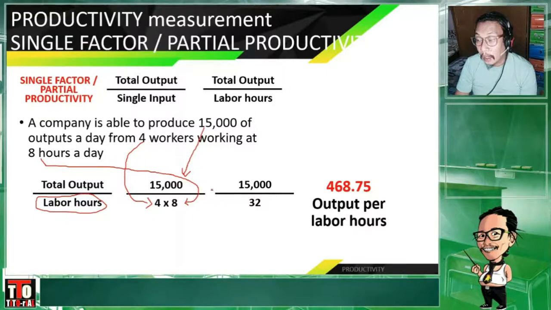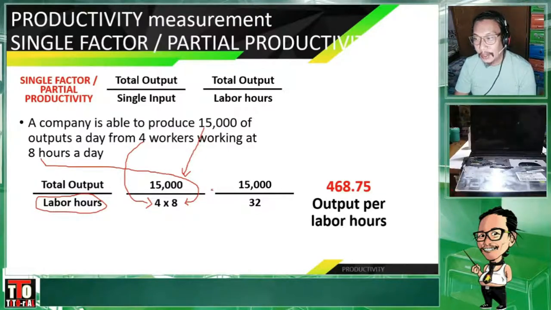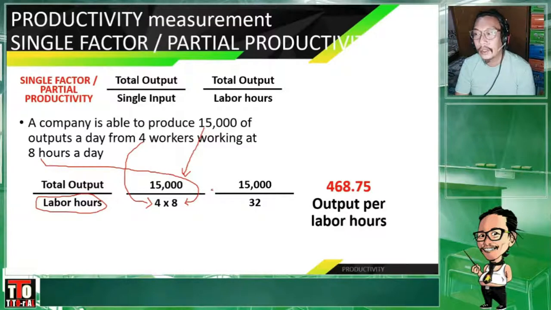Baka mamaya, almost buo yung laptop, walang screen o kaya walang keyboard kung 0.75. So, pwede na natin sabihin na at around between 468 to 469 laptops per labor hours. So, alam natin kung gaano ngayon ka-productive ang ating workers in terms of on how they spend their working hours. Okay?